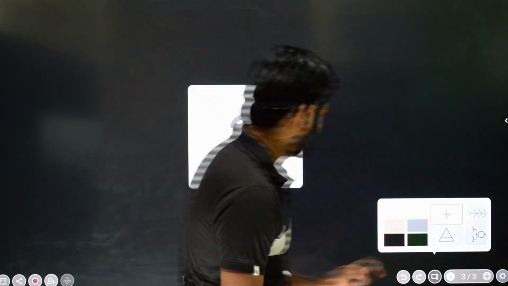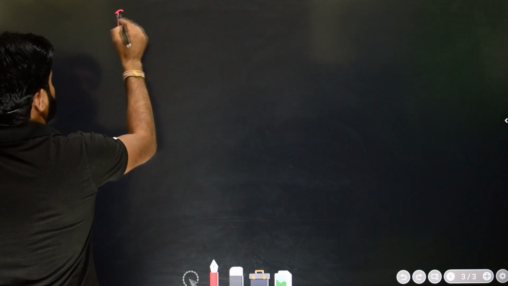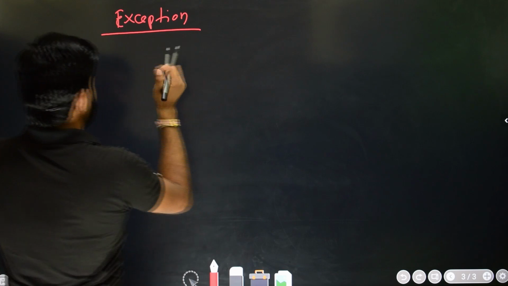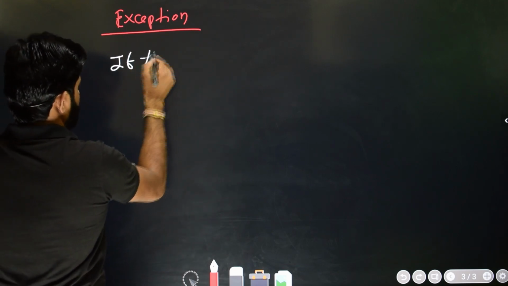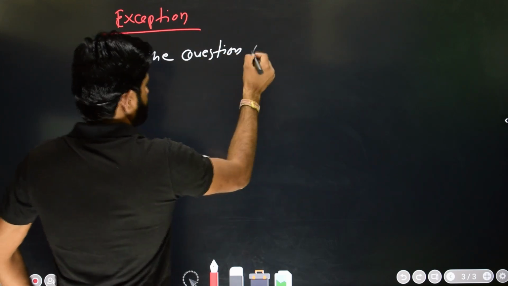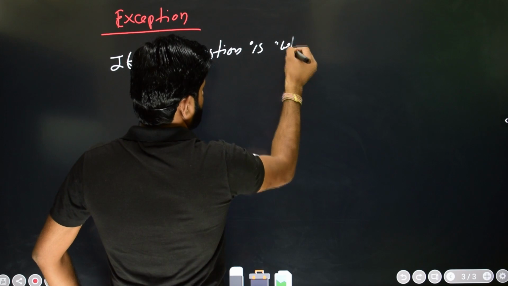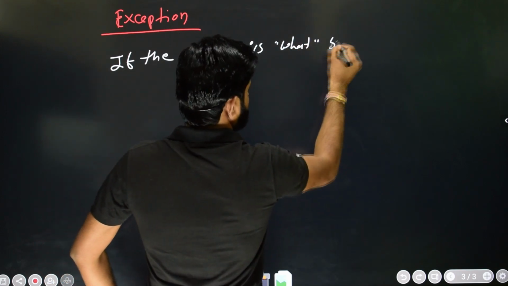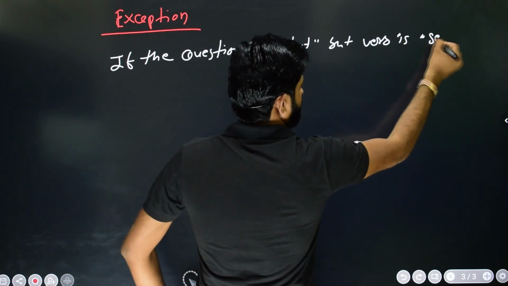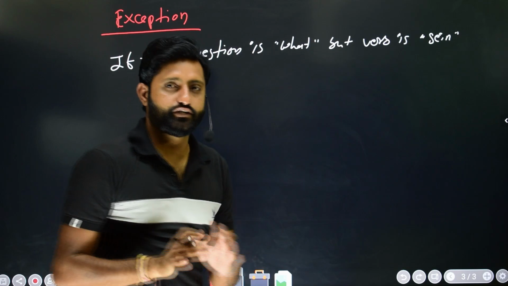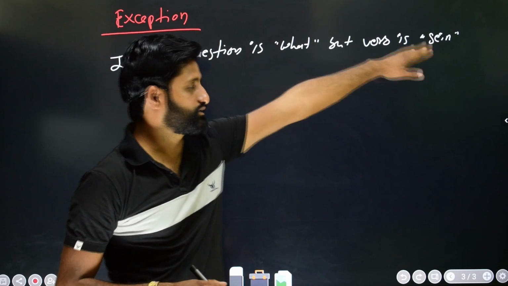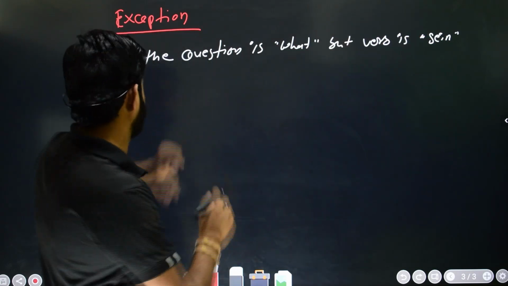But there is an exception as well. So let me write the exception. The exception is: if the question is with what, but the verb is sein, then this sentence will not be an accusative sentence. Why? Because we have already learned that the sein verb is always nominative.